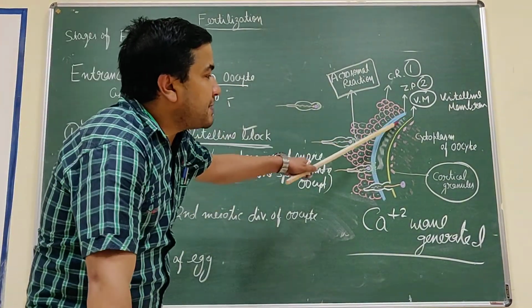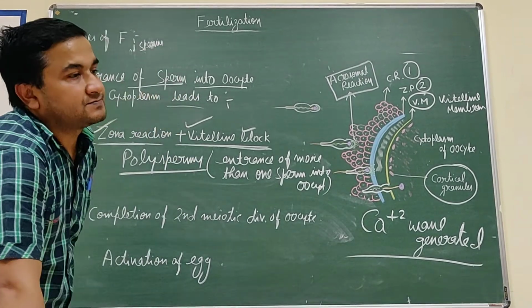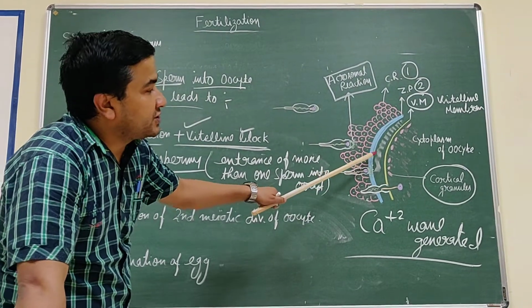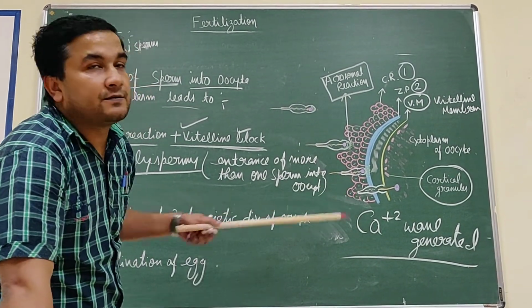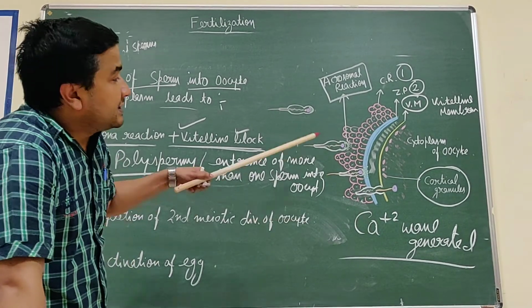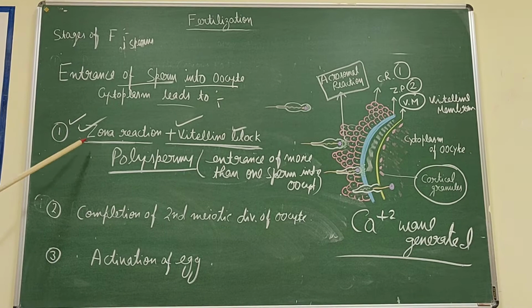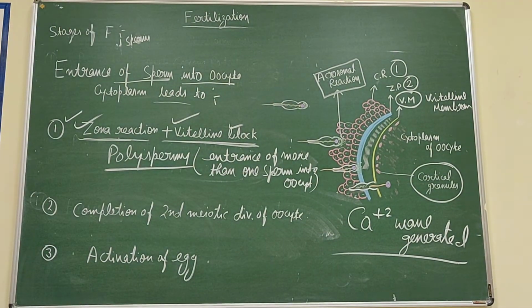The vitelline membrane also depolarizes, and these two structures block the entry of further sperm into the oocyte. So this is the first change that occurs after entry of this structure.